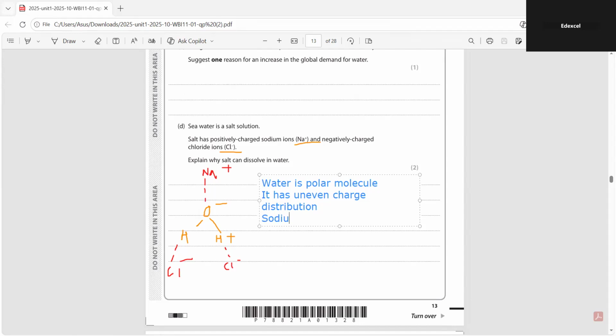And then you can write the sodium ion will be attracted to oxygen, and the chloride ion will be attracted to hydrogen. Okay, so these are the points that you have to mention. So let's move on to the next question.